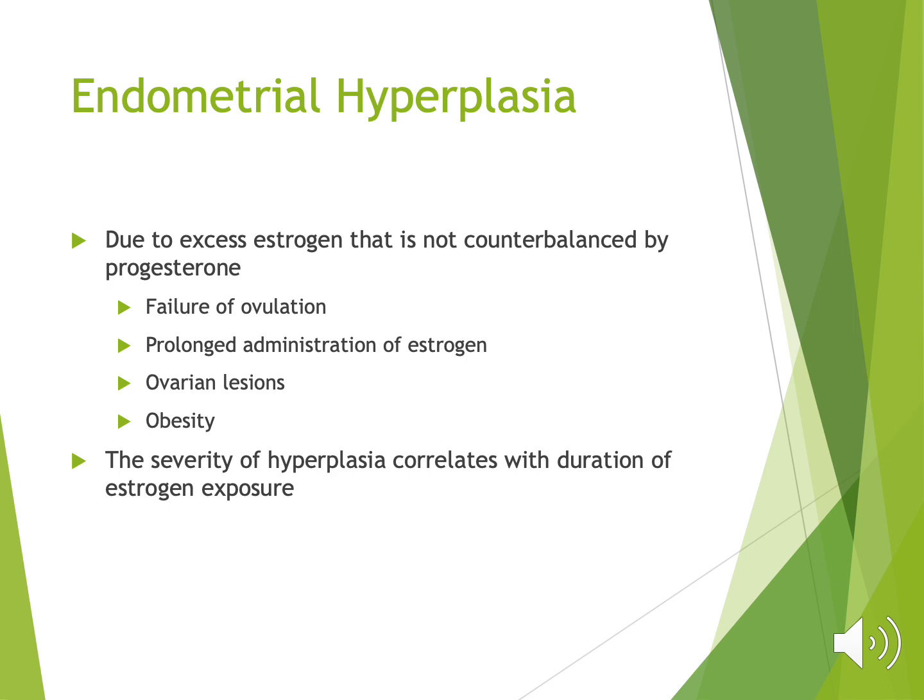This can happen in cases of failure of ovulation, close to menopause in perimenopausal women, or in girls undergoing puberty. Prolonged administration of estrogen, such as hormone replacement therapy in perimenopausal women suffering from hot flashes. Ovarian tumors that secrete excess estrogen, and obesity, as excess adipose tissue has the ability to convert androgens into estrogen.